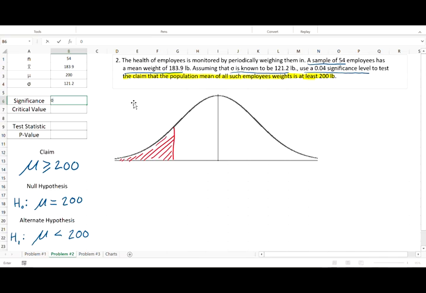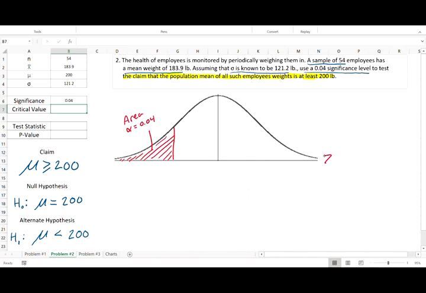Use a 0.04 level of significance to test the claim. Okay, so we know this area is alpha, that's the 0.04.